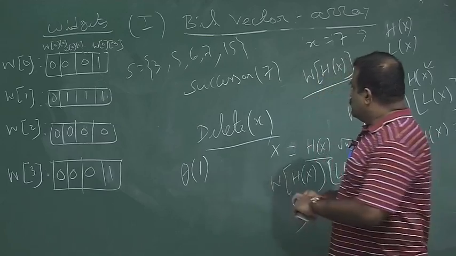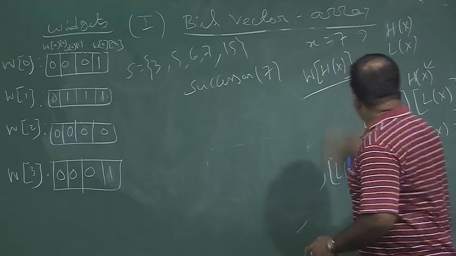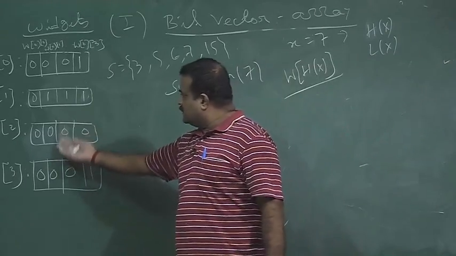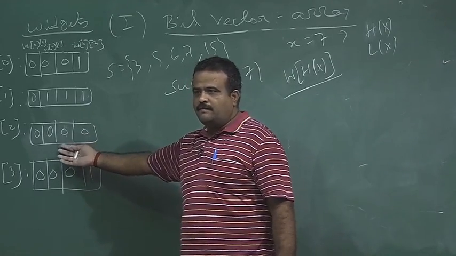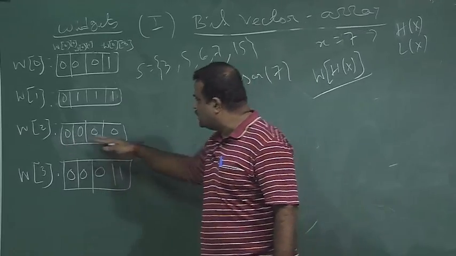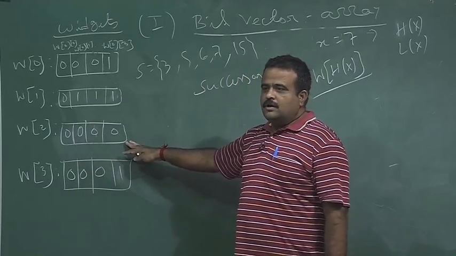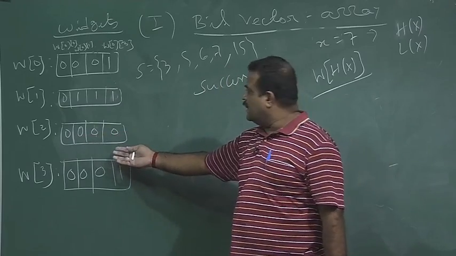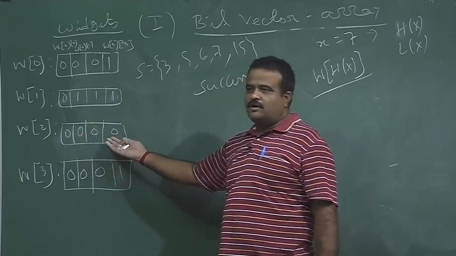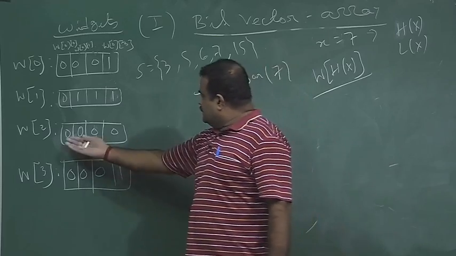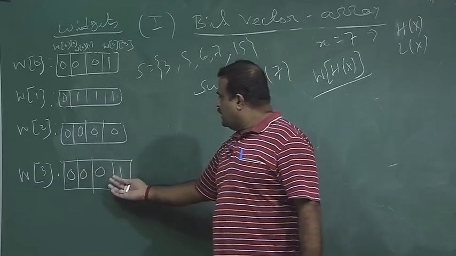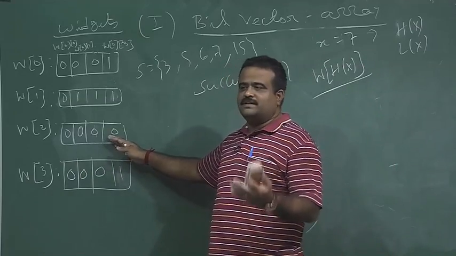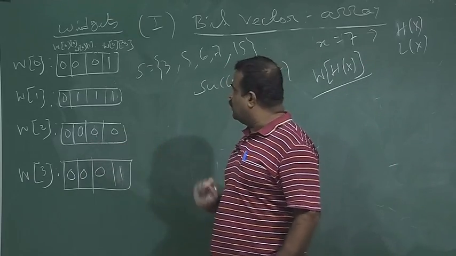So, then we go for the next block where we can find the widget, but this block is empty. But we have to check it. There is no way to know whether this is empty or non-empty. Then we cannot find it here, then we will go here. So, how can we augment the data structure so that we will not go into this block?